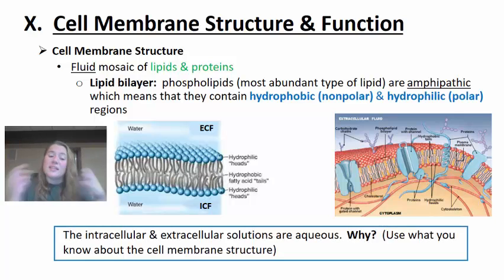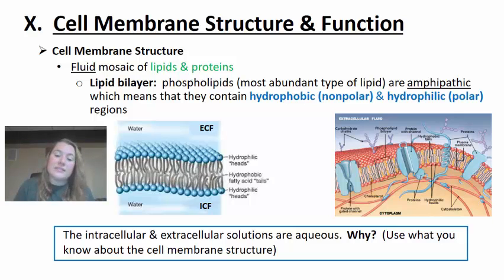And that's because the intracellular and the extracellular solutions are aqueous or water-based. So since the heads are hydrophilic or water-loving, they are on the outside attracted towards that water, but the tails do not like water at all, and those are kind of forming the membrane by flipping towards the inside.